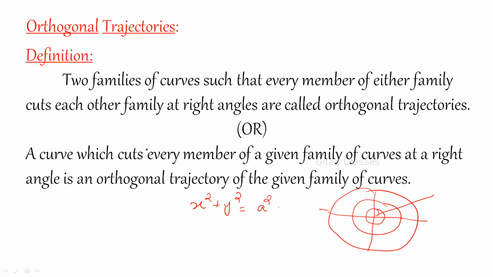Sometimes you can find a family of straight lines or curves where every member of each family is orthogonal to the other. If you have two families of curves, where every line intersects the circles at right angles, then both the families are said to be orthogonal trajectories of each other.